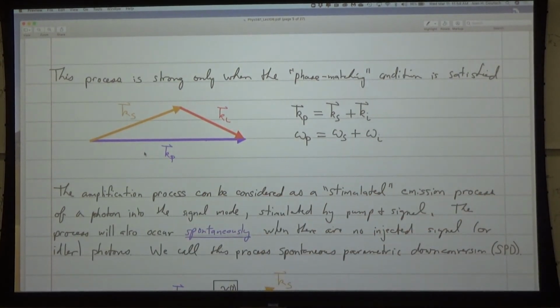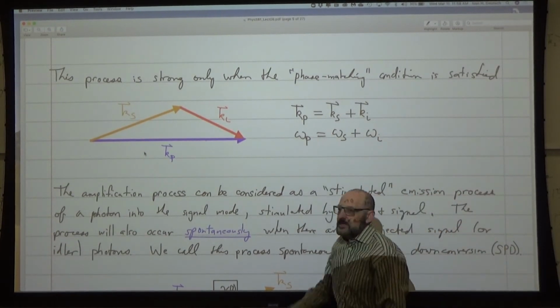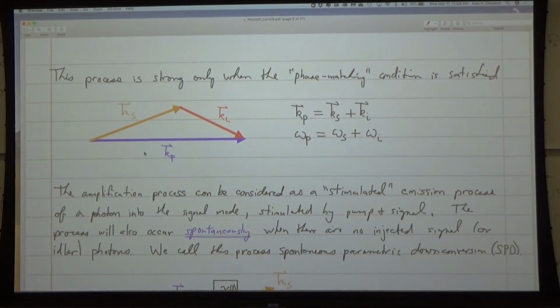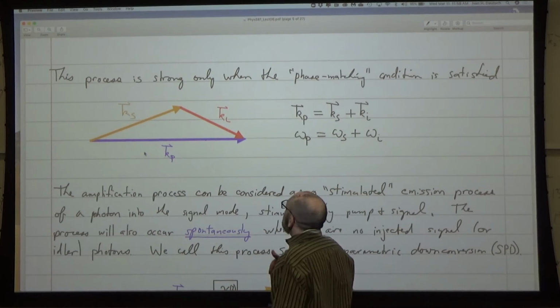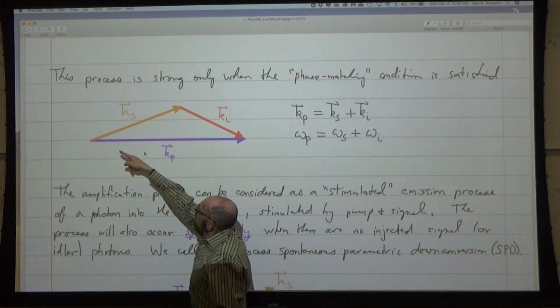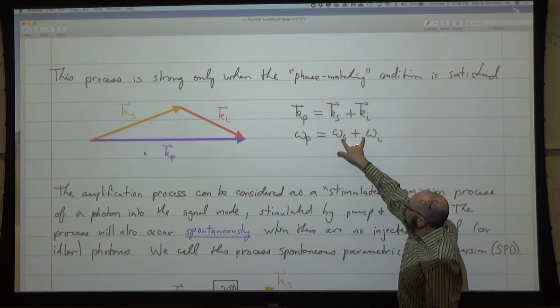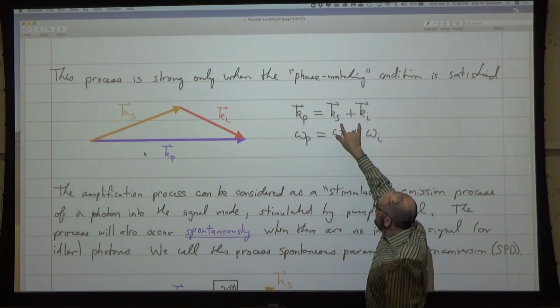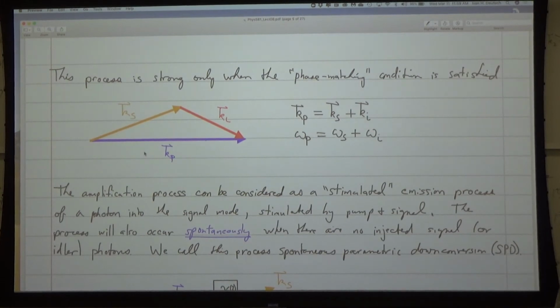Phase matching means it's kind of energy-momentum conservation for the photons. But we saw in terms of just Maxwell's equations, to get strong amplification of the signal we needed the sum of the two frequencies, signal and idler, to add to the pump, and the wave vectors added together, right? Now, this can be considered as a kind of stimulated emission.